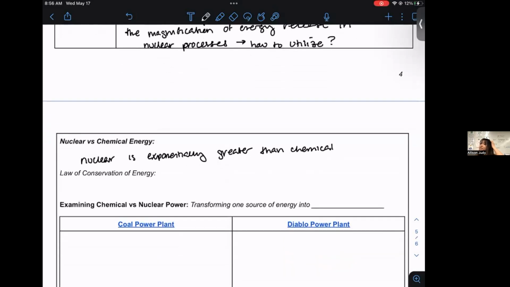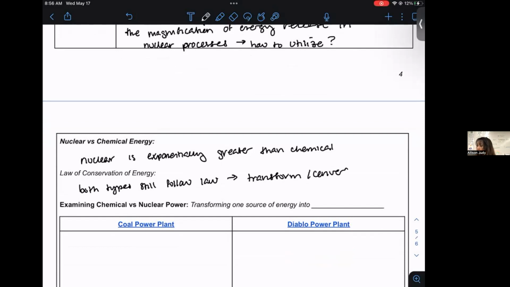But both still obey the law of conservation of energy. It's the universal law. So both forms of energy, despite being at different scales, still undergo transformation. They are transformed or converted, but are not destroyed.